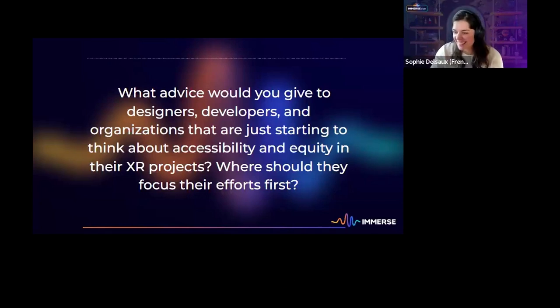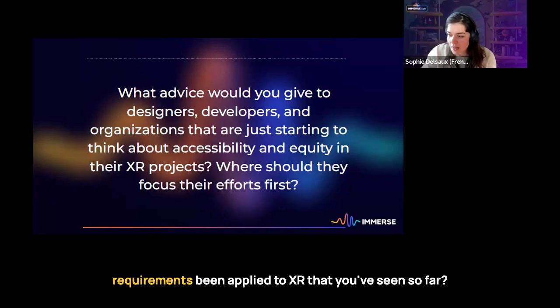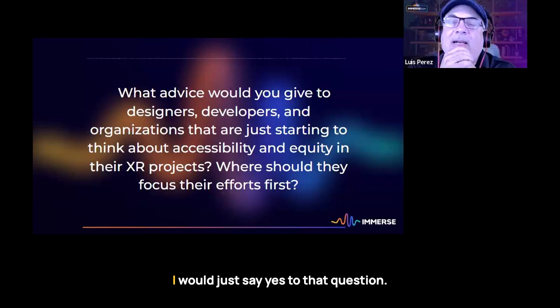All right, last question we have. How have accessibility regulations and purchasing requirements been applied to XR that you've seen so far? I would just say yes to that question. Make sure that it's considered during procurement.